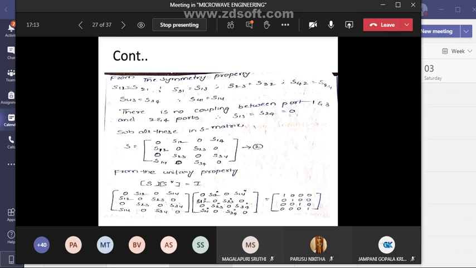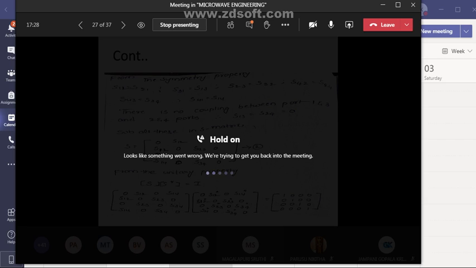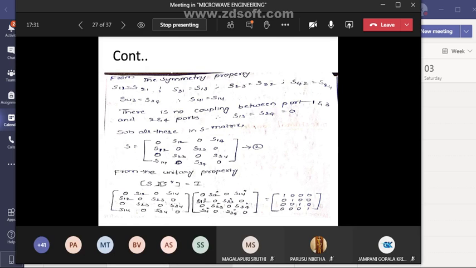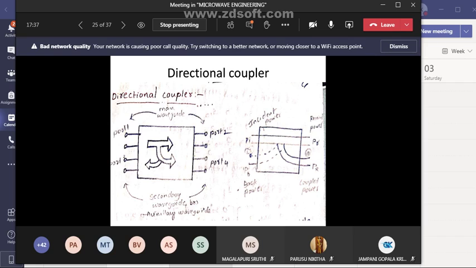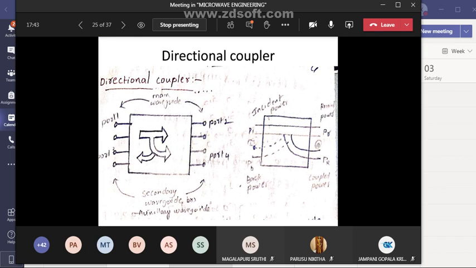Similarly, there is no coupling between port 2 and port 4.